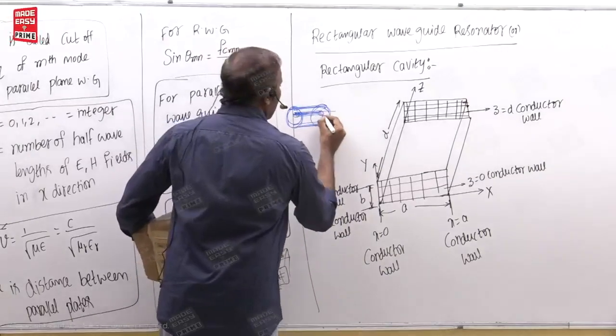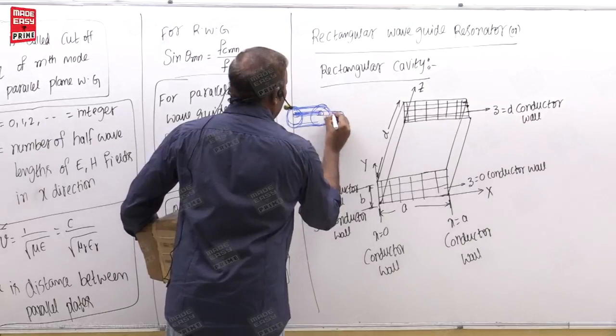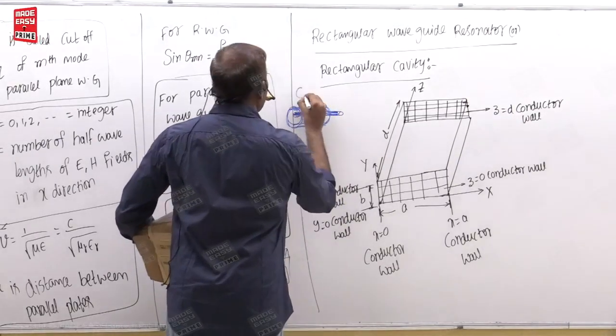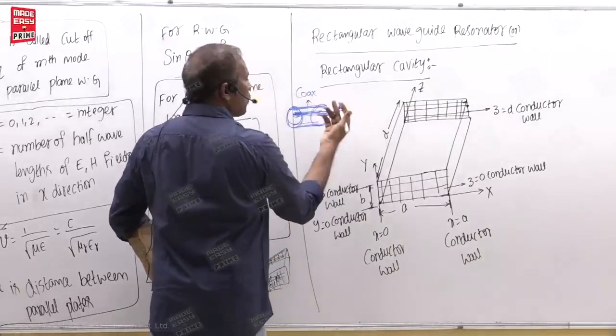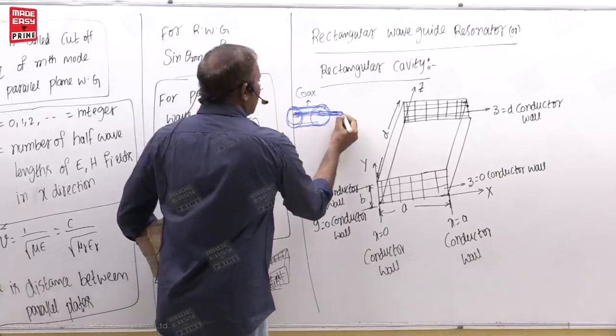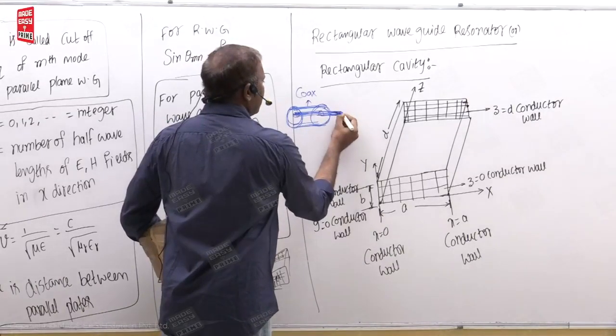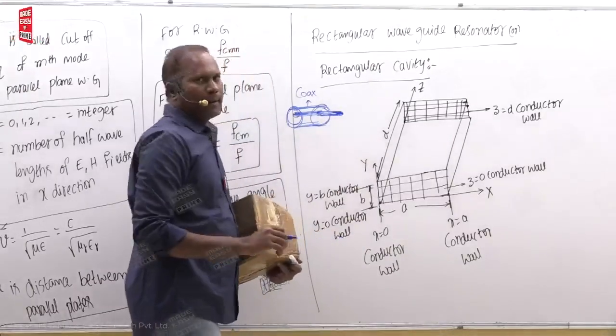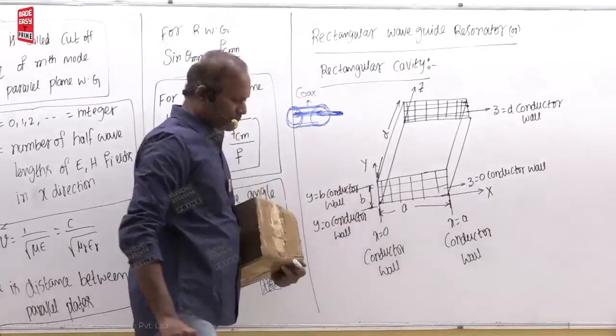Now this inner conductor tip is taken, this is coax. Coax means coaxial cable. The short name of coaxial cable is coax. This inner conductor is called the probe.